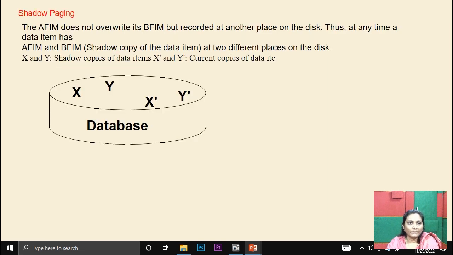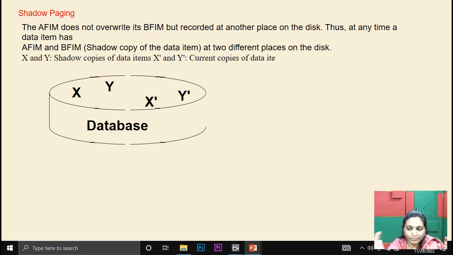Shadow paging is nothing but this: the after image does not overwrite its before image but is recorded at another place on the disk. At any time, the data has its after image and before image at two different places on the disk. That is, the data before update and the updated data will be stored at two different places.